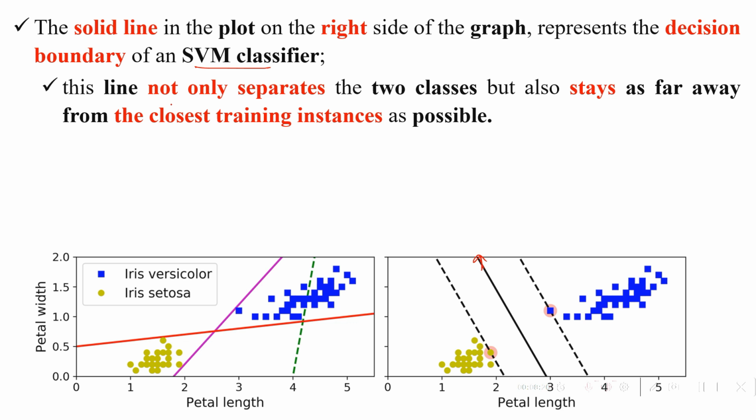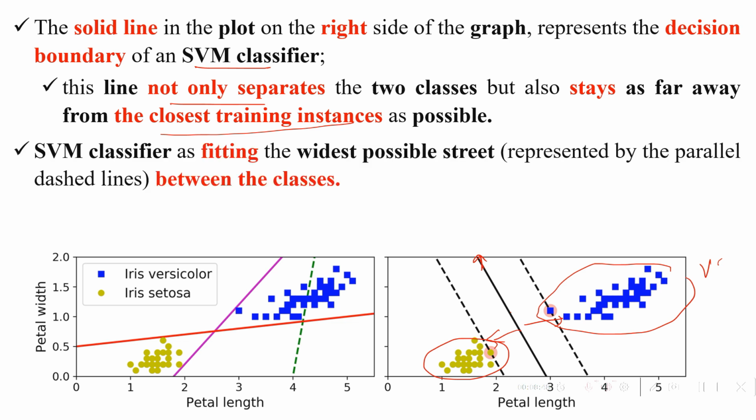The line not only separates the two classes, here versicolor and setosa, but also stays as far away as possible from the closest training instances. These two points are far away from this line. So an SVM classifier fits the widest possible street between these two classes. Simply, this is called large margin classification.